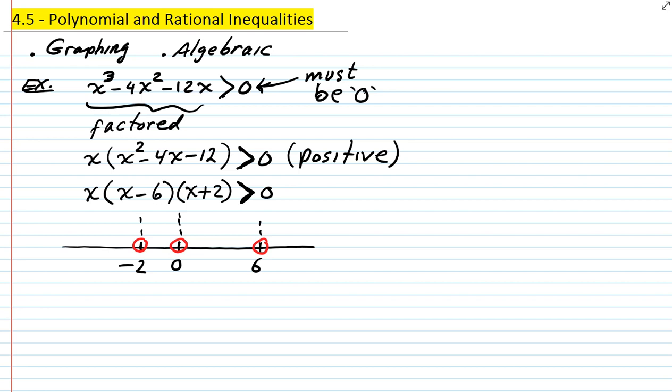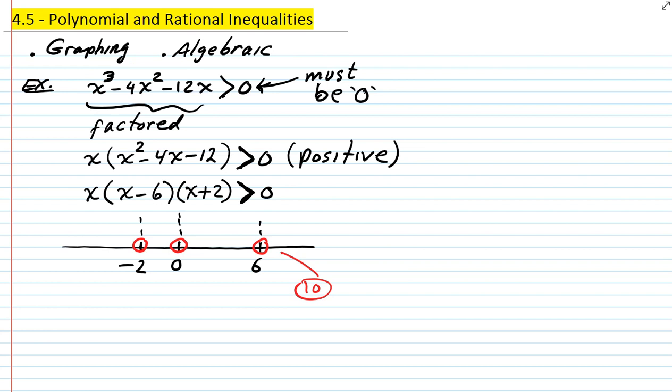Now, next, what we need to do is pick what we call test points. So, for example, to the right of 6, my test point would be 10. So let me choose 10. And you can plug in a 10 in each of those factors, or you can go to the original and plug in a 10 there. Remember, these expressions are equivalent.